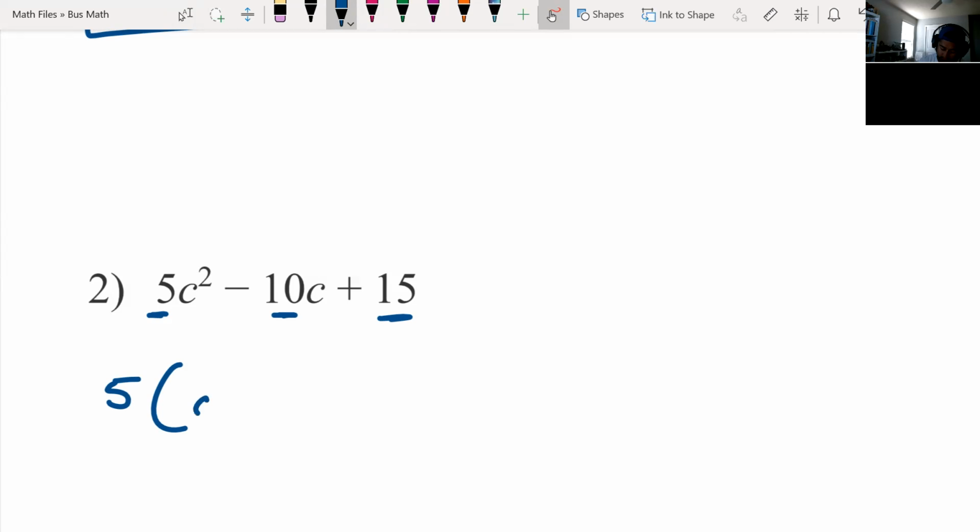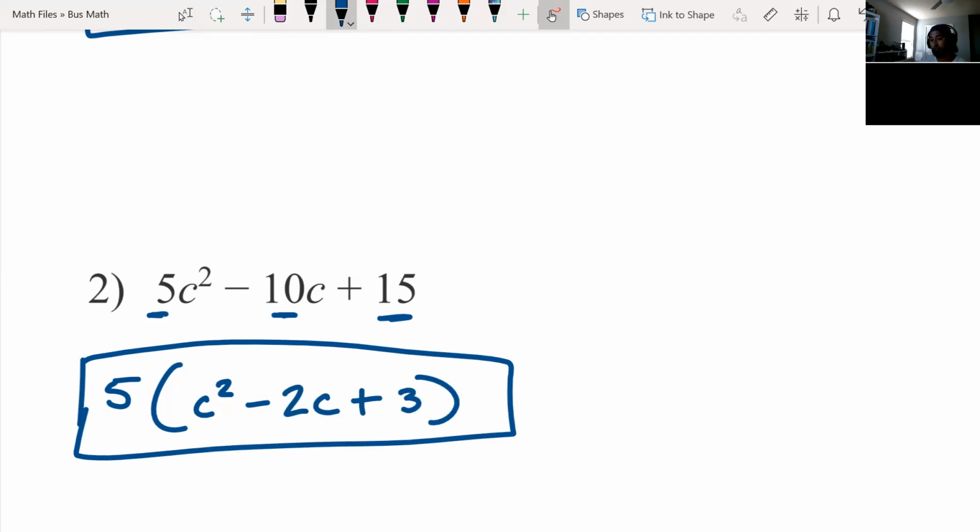C squared. Minus, and now if I factor 5 from 10c, what's left over? 2c. Good. Plus 5 factored from 15 is 3. Yes. That's it.